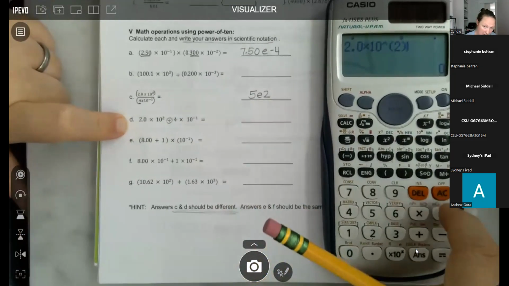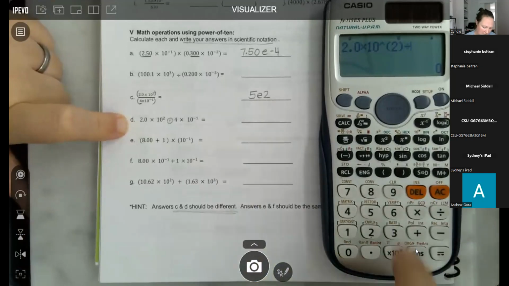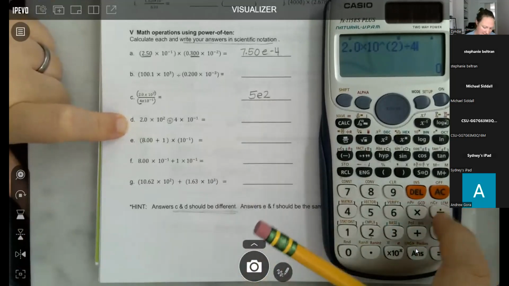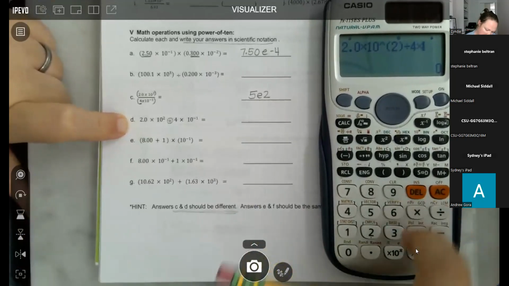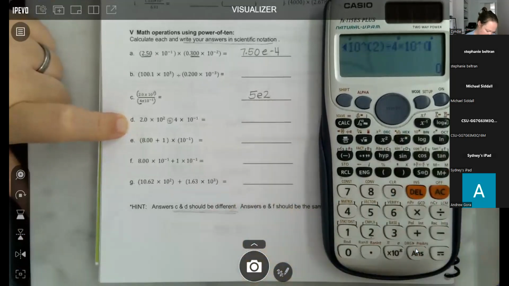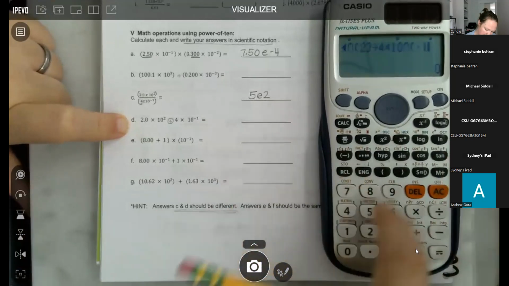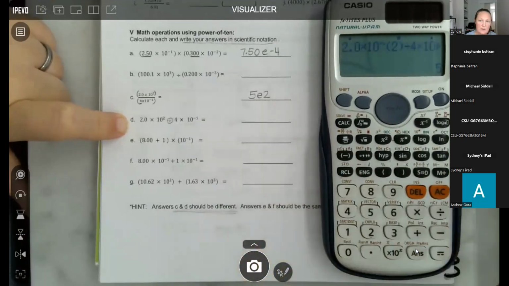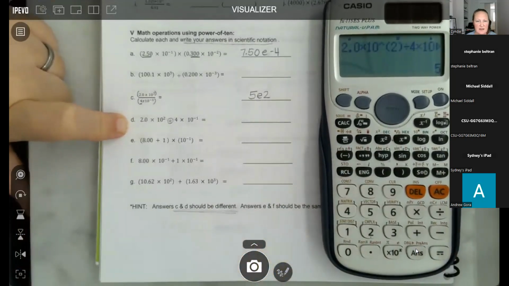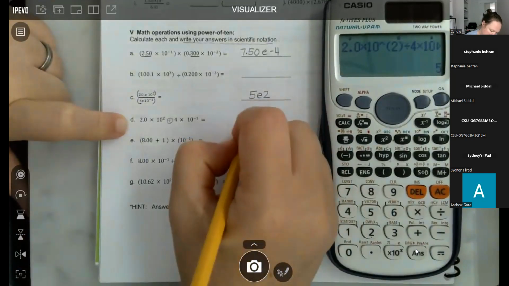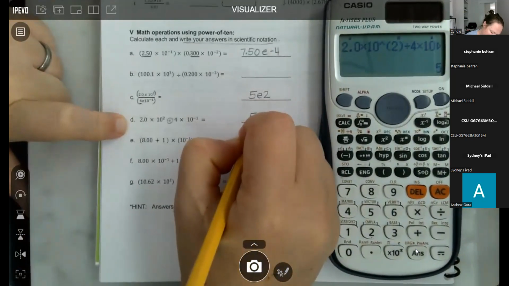And then divided by, and then we're going to put 4 times, and then again 10 to the -1. You can see the answer I got this time is 5, right? So it would just be 5e to the 0.